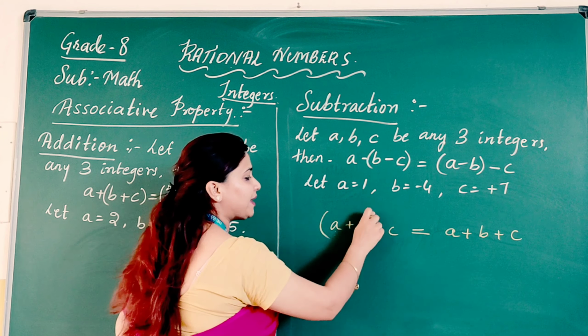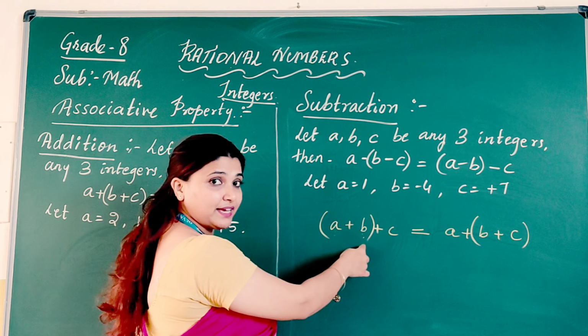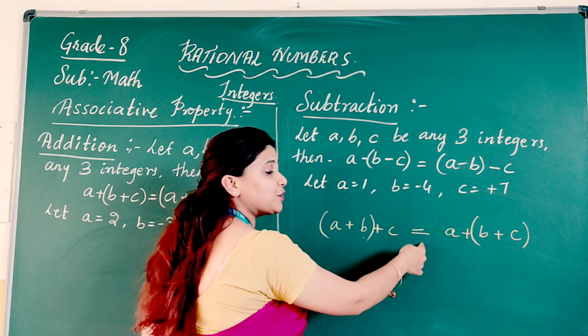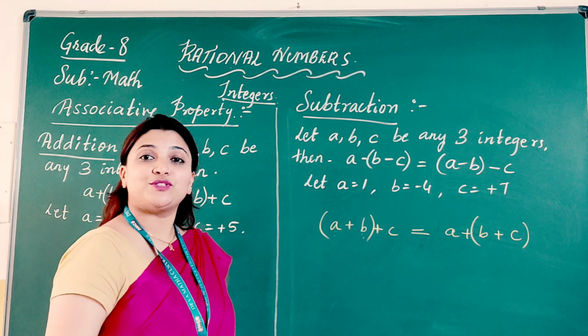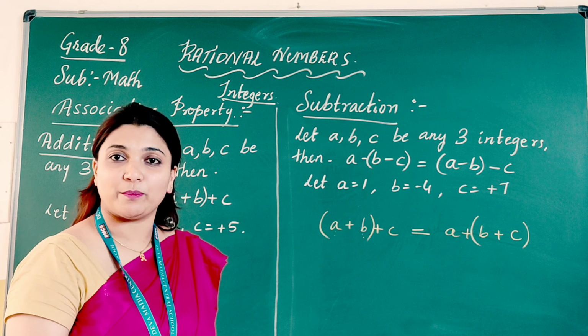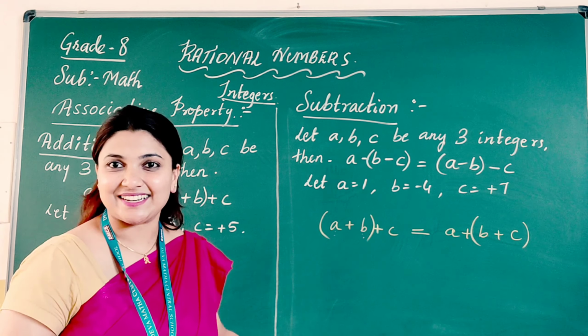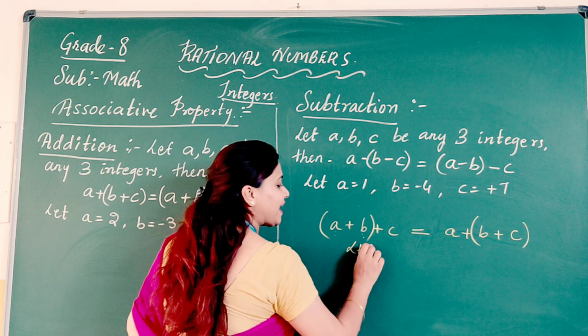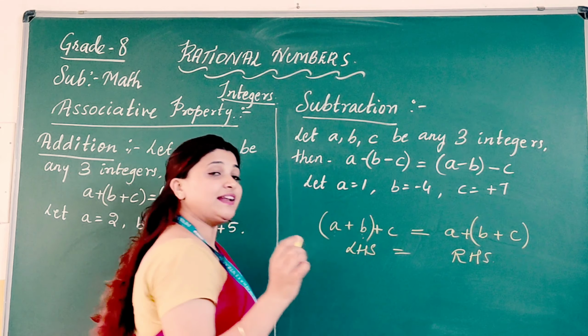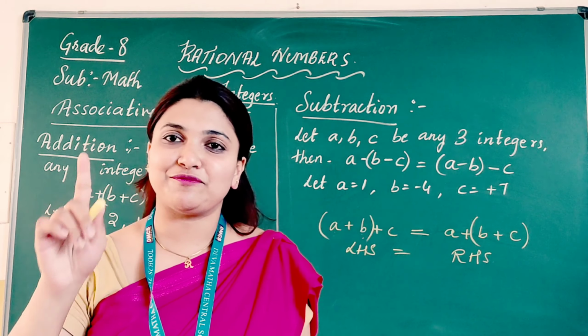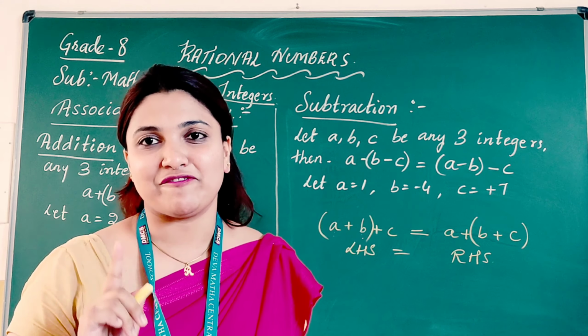On the other side, I leave the first letter and put the bracket on the second and third letters. So it becomes (A + B) + C is equal to A + (B + C). This is called the associative property of addition. Easy, right? My left hand side should be equal to my right hand side. Then I can say that my associative property of addition is valid.